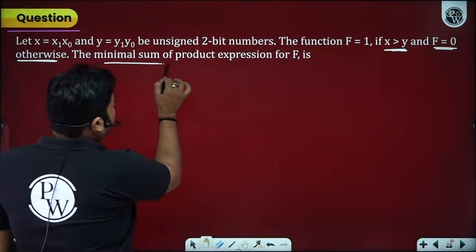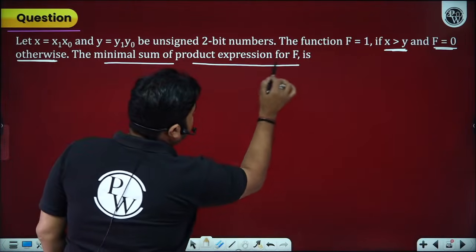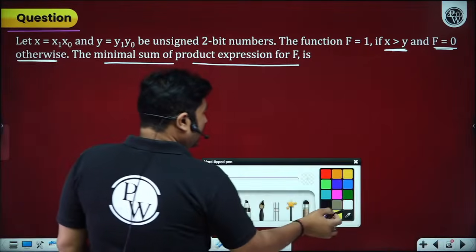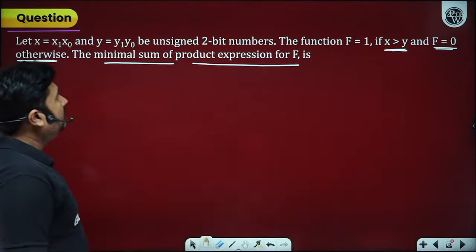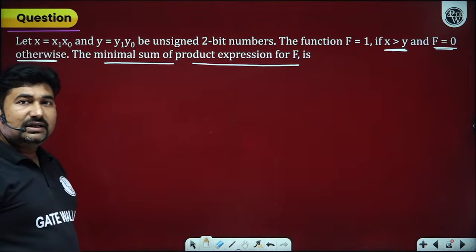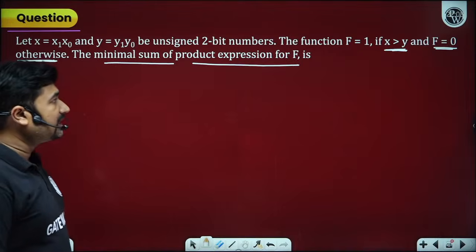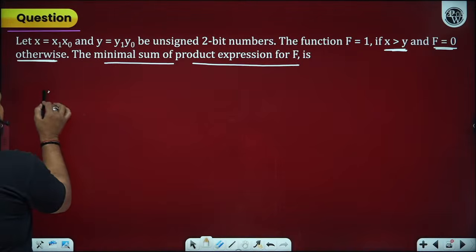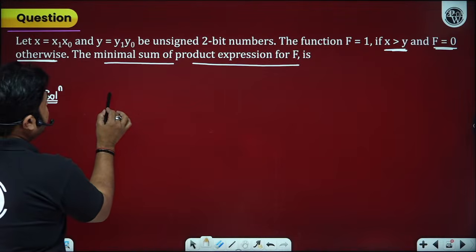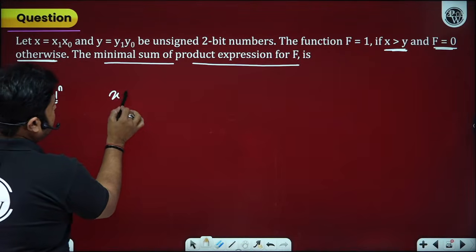The minimal SOP expression of f is... can you write the minimized sum of products expression for f? Yes, sir. How to write? We have two numbers x and y, where x is greater than y.